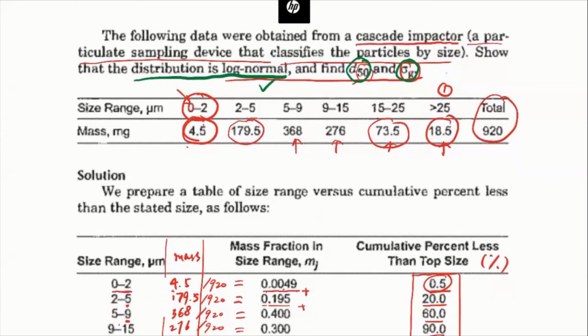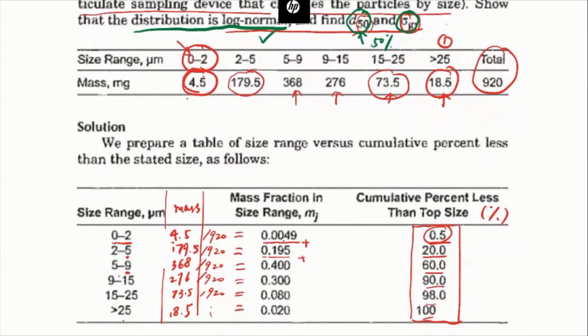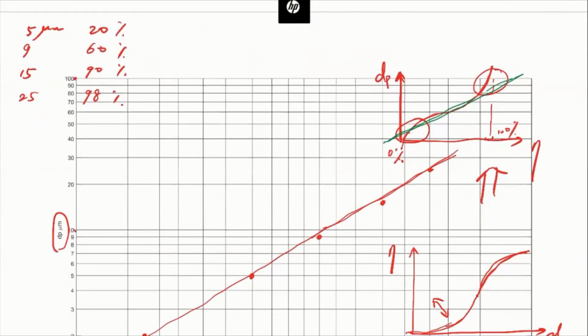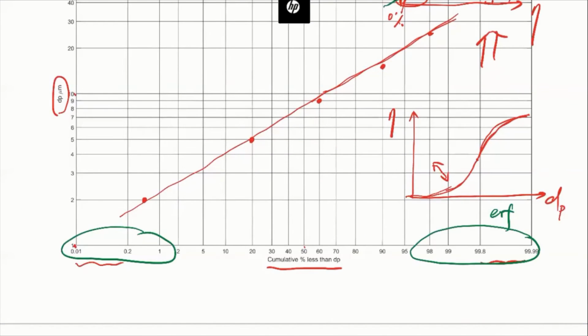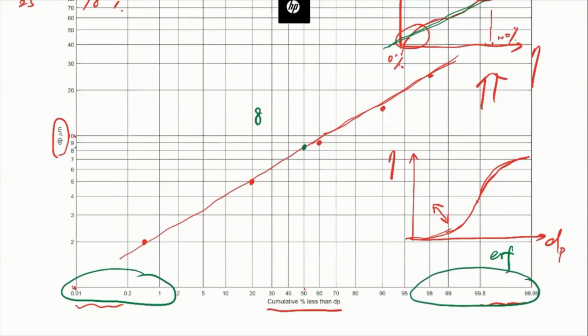Now if we want to look for this point, 50%, what should it be? It should just be the point that has 50% of the cumulative mass fraction, and we can trace that. That's somewhere around, let's say, 8.2 micrometer.